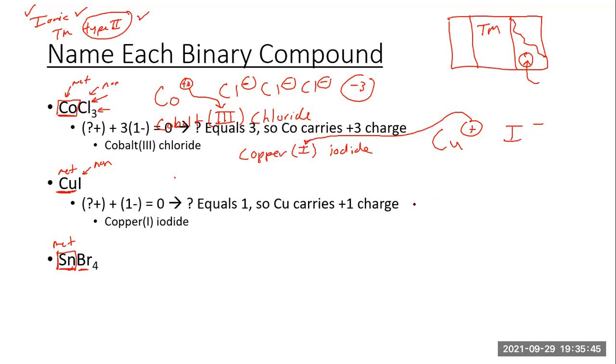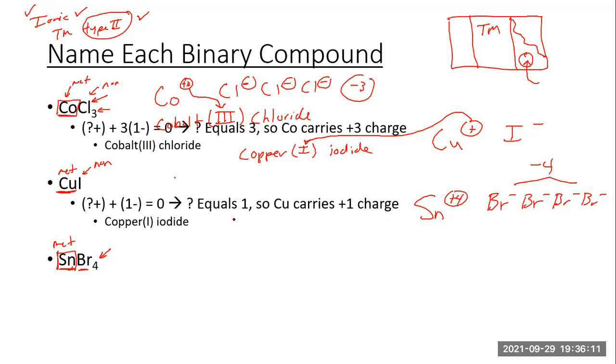And same approach here. We have Sn that has a positive charge. We have 4 of the Br. We know that Br is group 7, which means -1, -1, -1, and -1. That is a grand total of -4. That means the positive charge on the Sn has to be +4 to balance it out.